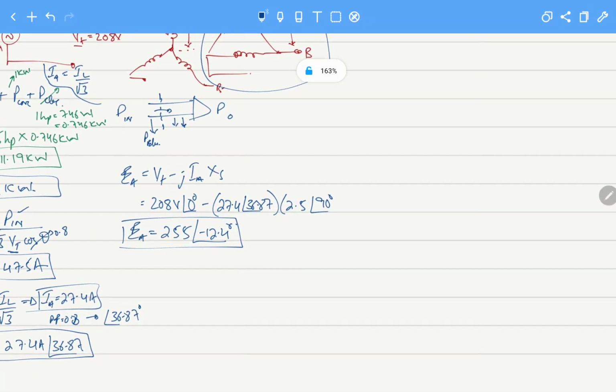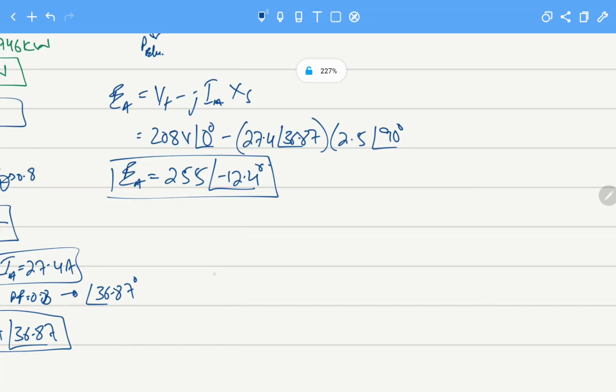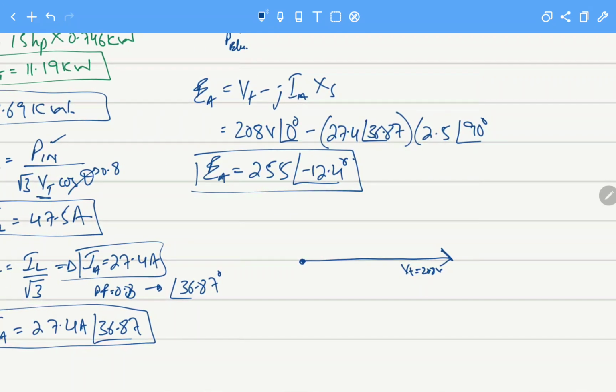Now if we have to draw the phasor for this diagram, this is our VT, that is 208 volts, and we have a current here, and this is our IA.